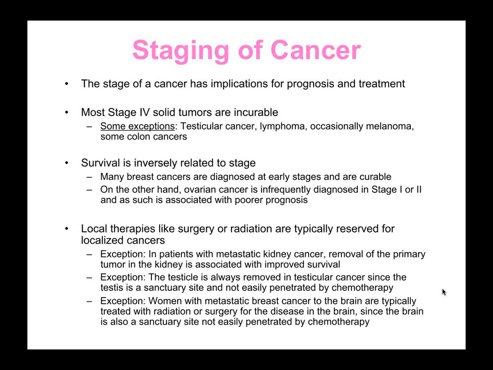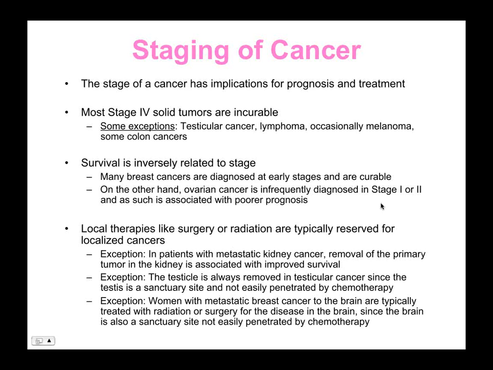Survival with cancer is typically inversely related to the stage. So the higher the stage, the poorer the prognosis. For example, most breast cancers are diagnosed at early stages and are curable. On the other hand, if you look at ovarian cancer, this is infrequently diagnosed at stage 1 or 2, and as such, it's associated with poor prognosis.